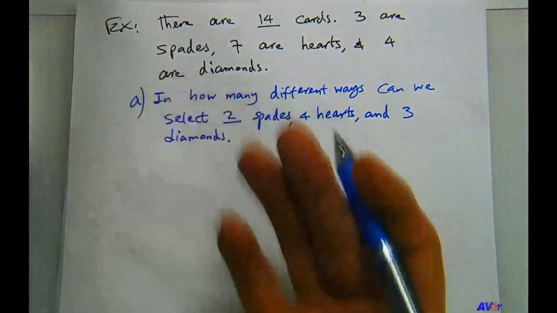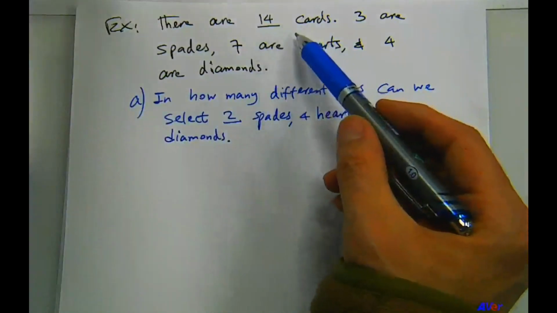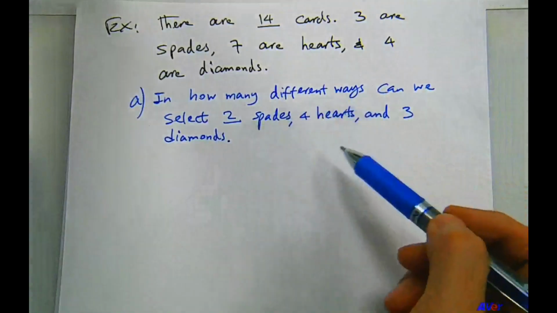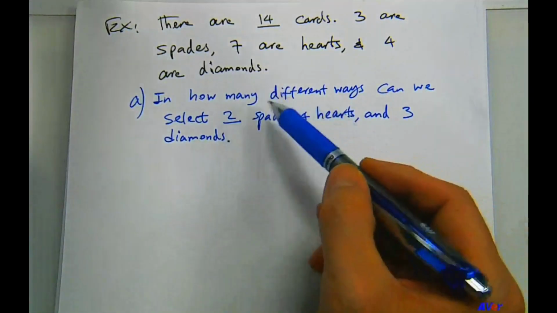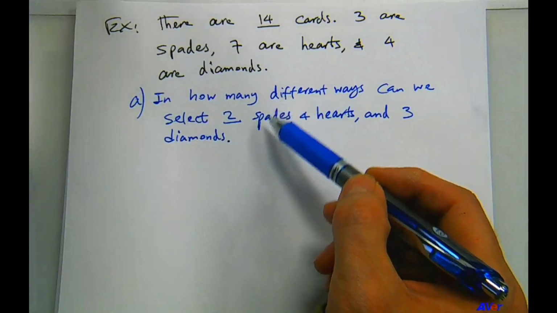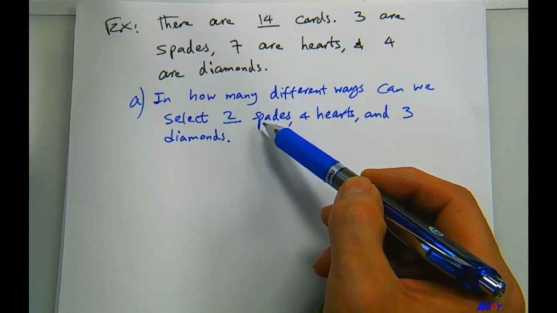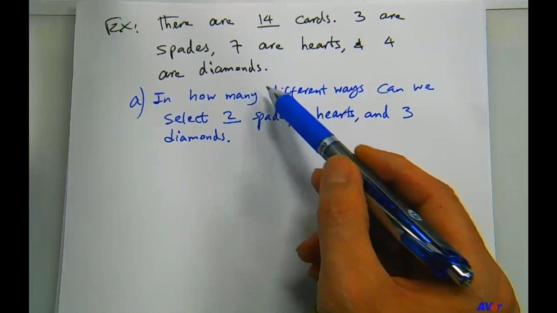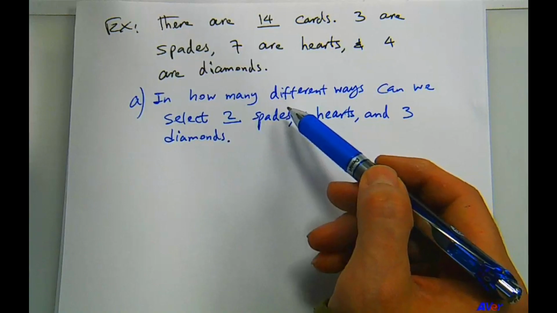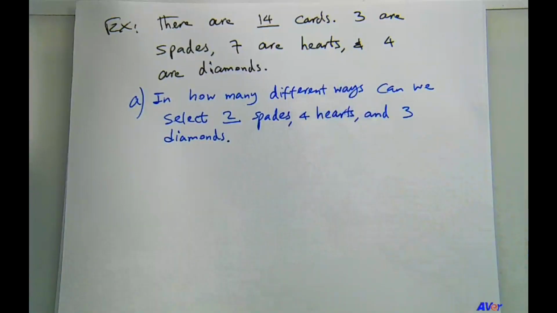Okay, so we have a larger set of cards from which we want to pick a smaller set of cards. But nowhere in this problem do they indicate that order of selecting these cards matters. So because they don't have any clue here about that, then we assume that order does not matter.